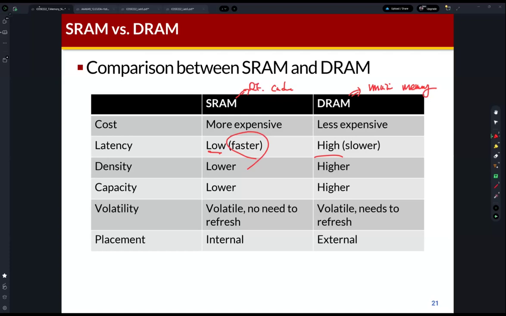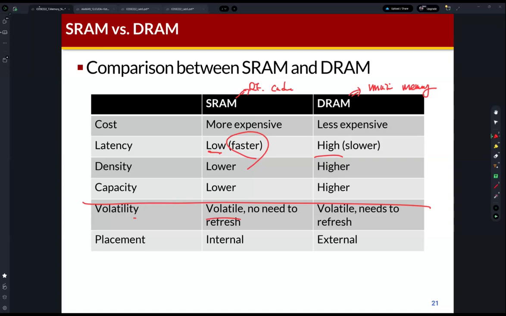You can also compare the density and capacity. Volatile means that if we turn off the power of the memory, then the data is erased. It's called volatile.